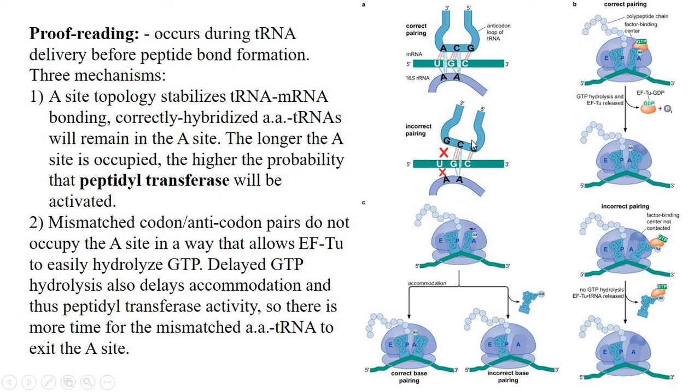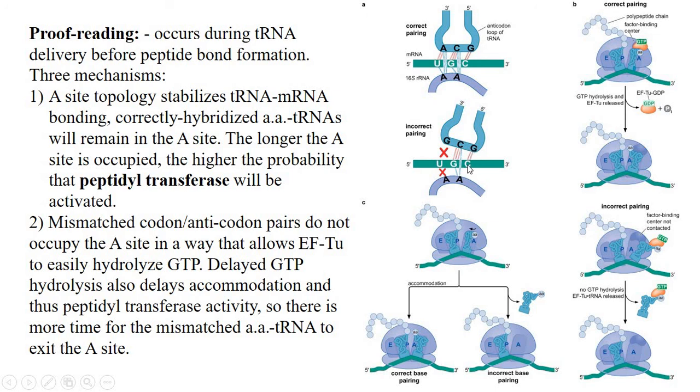Another thing to keep in mind here is the wobble hypothesis that we talked about earlier: the 5' part of the codon is quite important. It doesn't change much. However, the 3' end of the codon has more flexibility. It can wobble, because many of the codons that code for the same amino acid have differences at the 3' end of the codon, or the 5' end of the anticodon.